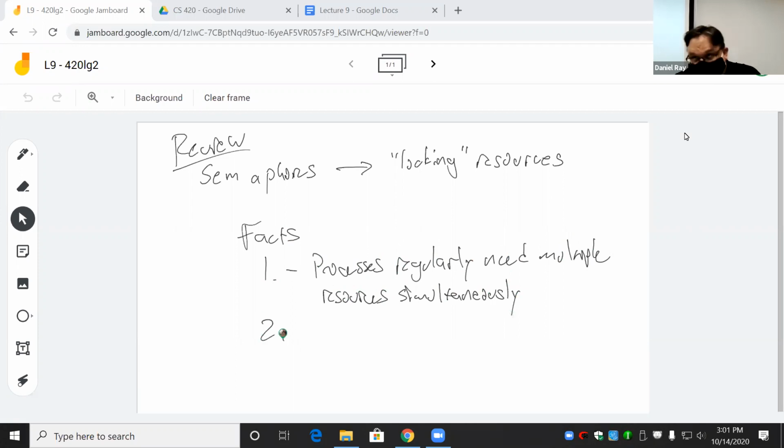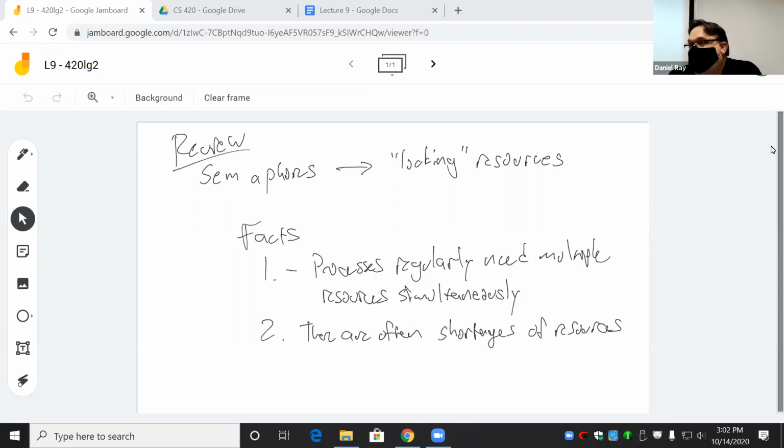Fact number two, there are often shortages of resources. Not all processes can have all the resources all the time. They can't have all the resources they need all the time because there are not enough resources.